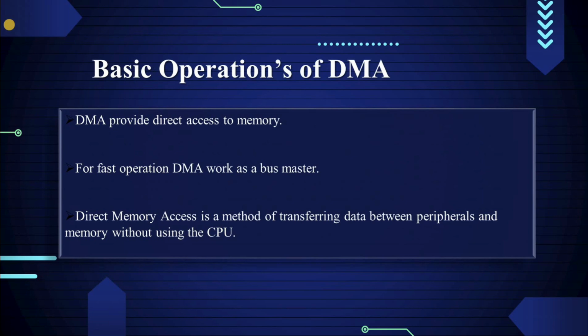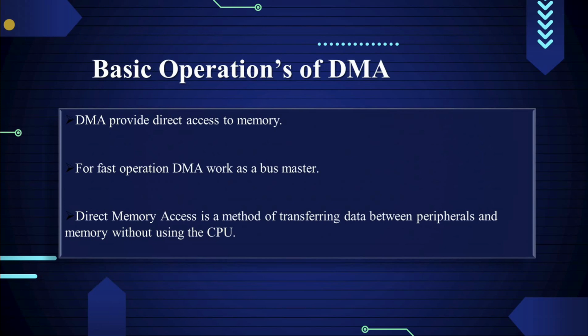On this slide, we will dive into the basic operation of DMA, starting with the fact that DMA provides direct memory access. What this means is that instead of going through the CPU, DMA allows hardware devices to transfer data to and from memory directly. This can significantly reduce the amount of time and processing power required to transfer data, making the overall operation much more efficient.